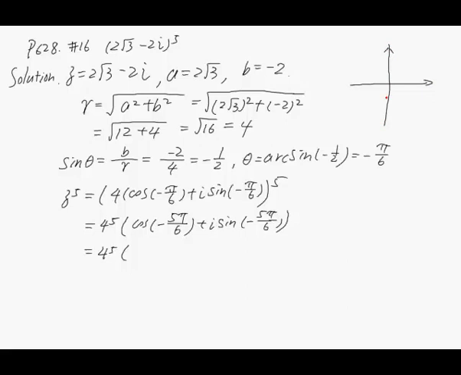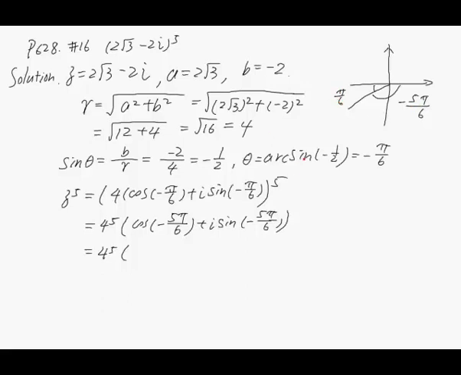So negative 5 pi over 6 is this angle. What is the reference angle of this angle? Reference angle, this guy, right? So this guy is equal to pi minus the 5 pi over 6. So that is a pi over 6.